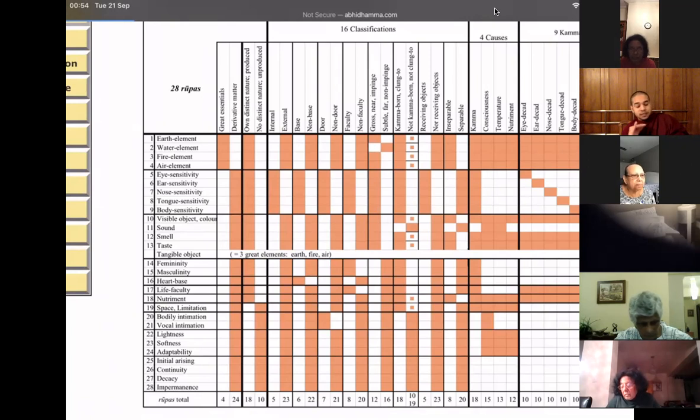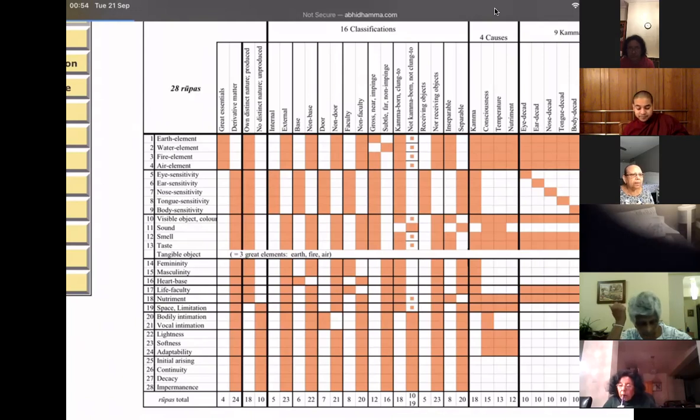Pathavi, Tejo, Vayu do not perform a receiving function. The prasada rupas perform a receiving function. The objects themselves do not perform a receiving function. The object doesn't receive; the prasada rupas receive the objects, but the objects do not receive anything, isn't it?